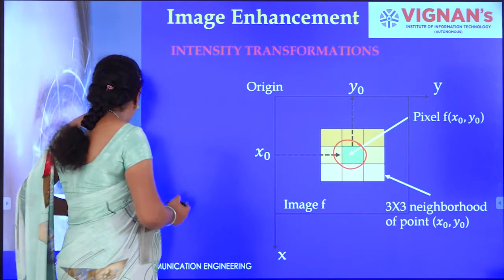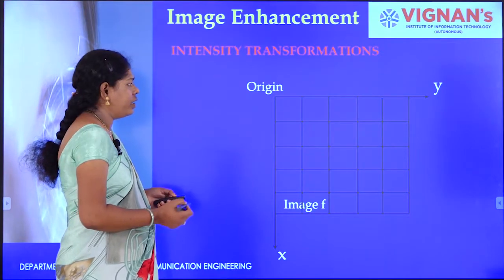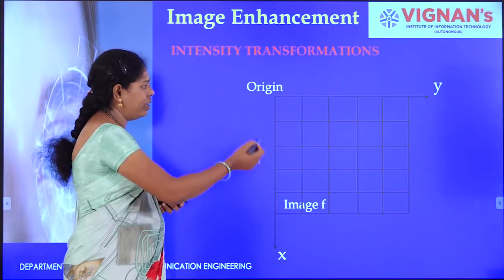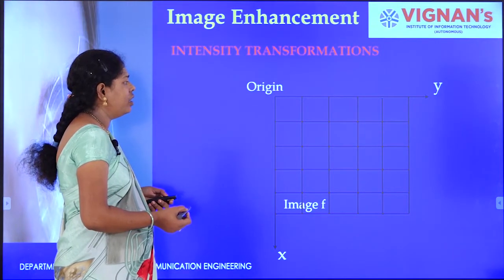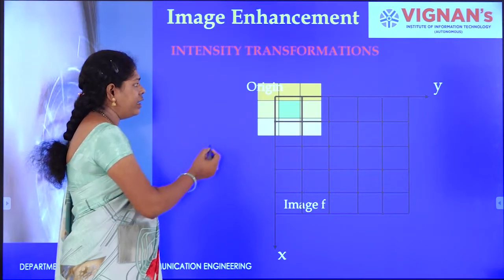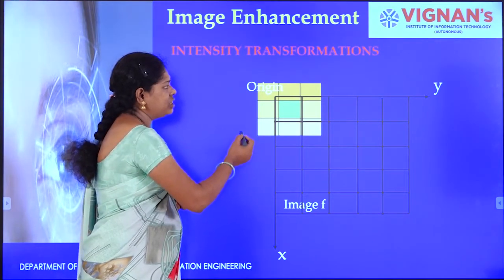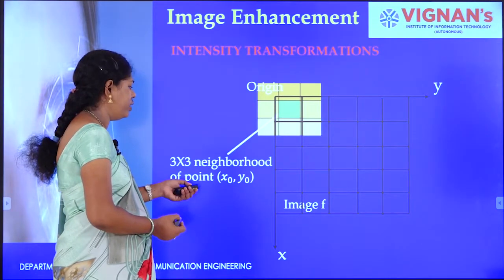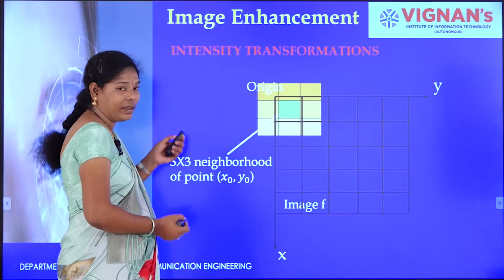Next, we can also apply it to the entire image by positioning it starting at the origin, and it will shift towards the right with the point x naught comma y naught of the neighborhood.